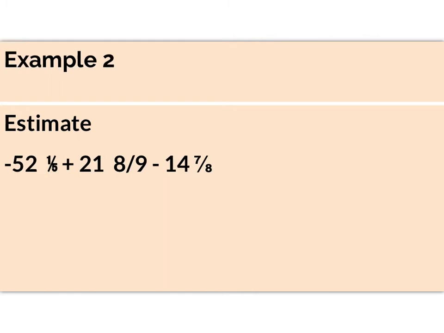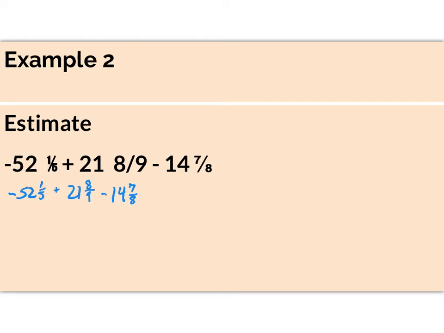So estimate. Now this is -52 1/5 plus 21 8/9 minus 14 7/8. Okay, so what we're going to do on this one is actually round to the nearest 1.